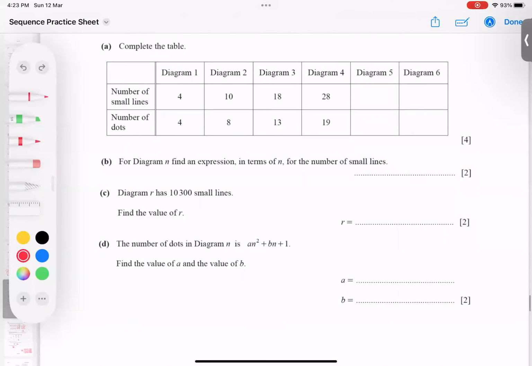So let's start. I'm not doing part A first, I'm doing part B first. Bismillah ar-Rahman ar-Rahim. Find an expression in terms of n for the number of small lines. So the number of small lines needs a formula.